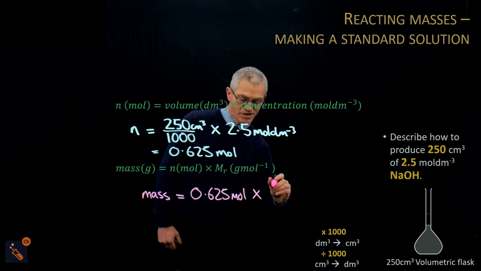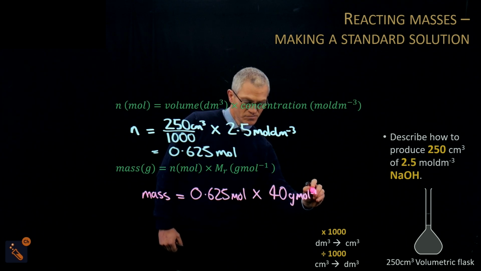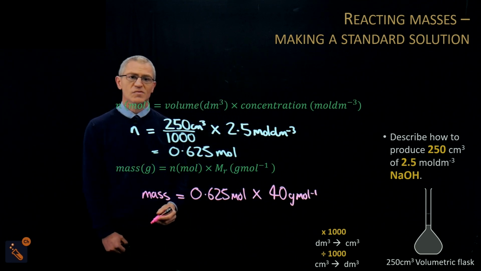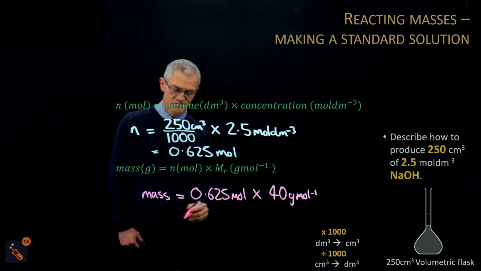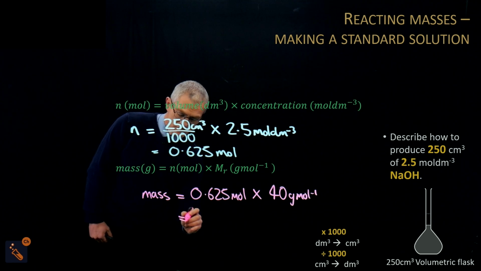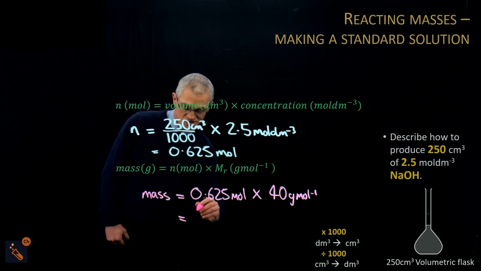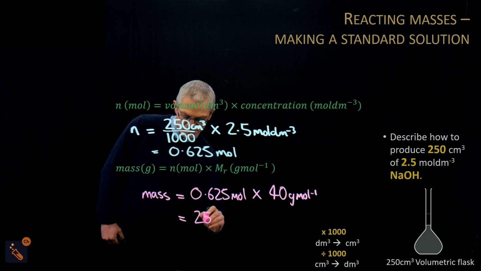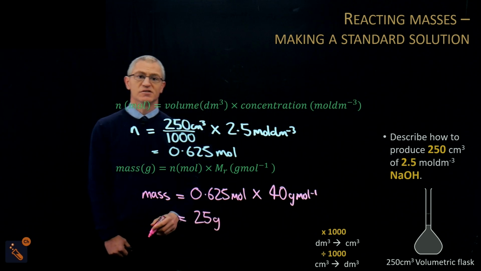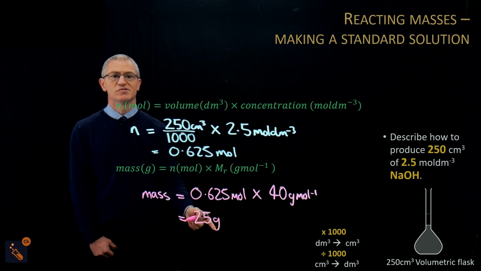The molecular mass is 40, that's 40 grams per mole. If you put that all into the calculator, you will find that that is 25 grams.